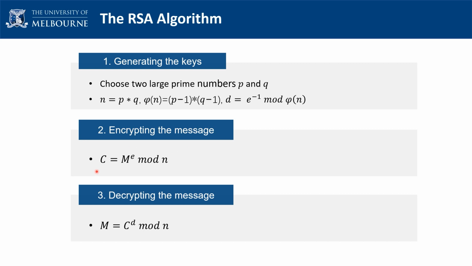So the cipher text equals message power e mod n, and the last step is decrypting the message. The plain text equals cipher text power d mod n.